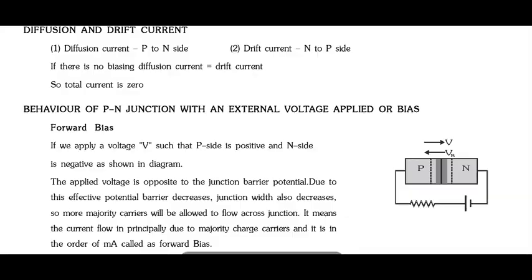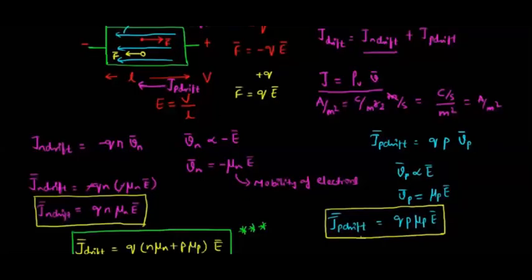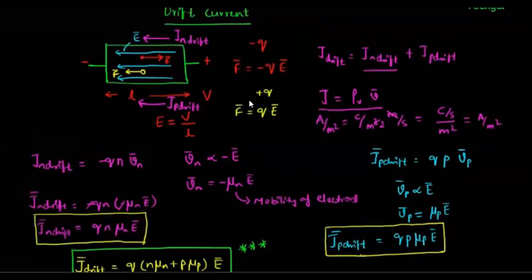Now let's see what diffusion and drift current are. First of all, drift current is due to electric field. That's one thing you have to remember. If there's no electric field, then there's no drift current.